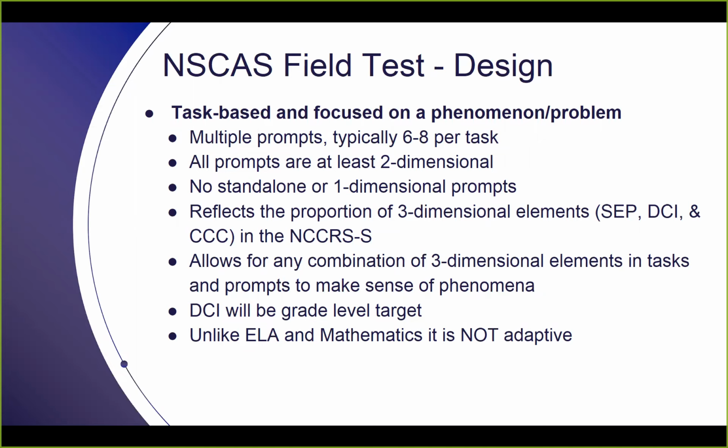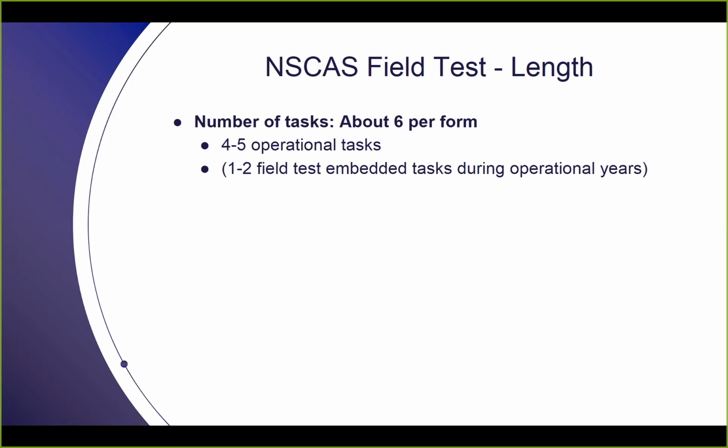So the field test length, right? The number of tasks for each student is about 6 per form, but we have 10 or 11 different forms out there that students are going to be accessing. So many of your students are going to see different tasks in the same room, right? So there's going to be 4 to 5 operational tasks. It's important to note that in operational years, there'll also be 1 to 2 embedded field tasks in those as well.